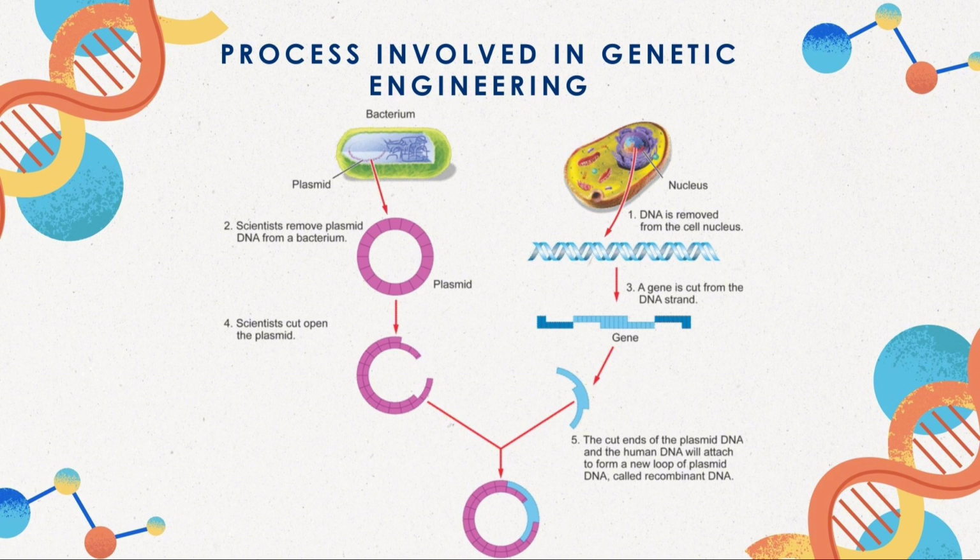This results in the formation of recombinant DNA containing the desired gene inserted into the plasmid. This represents a basic overview of genetic engineering techniques, but there are variations and additional steps depending on the specific application and organism involved.